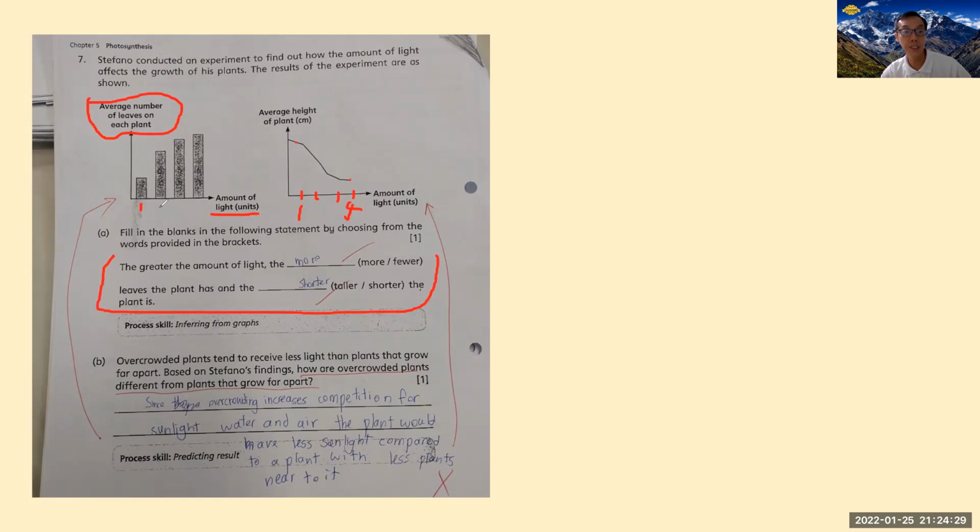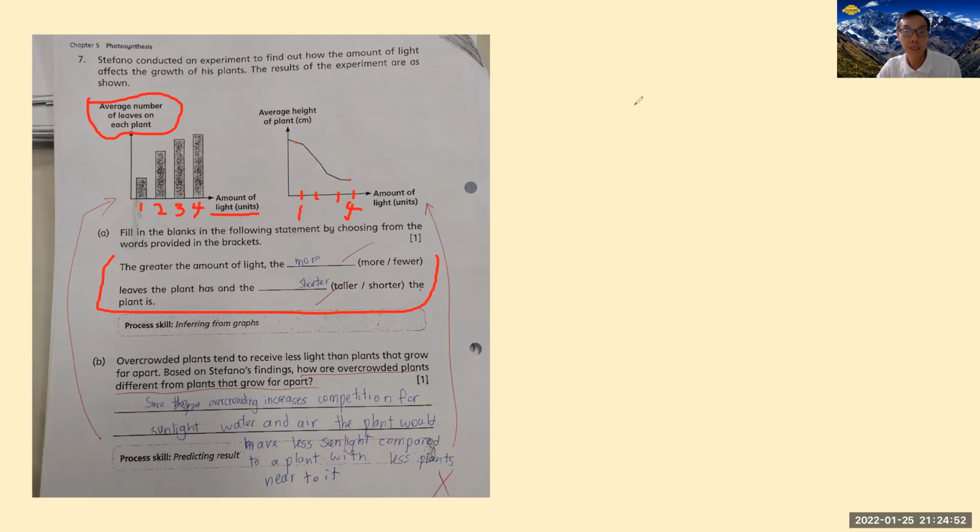They can also indicate 1, 2, 3, 4, just some generic numbers there. So the greater the amount of light, the more leaves the plant has, and the shorter. Why shorter? As I already told you, the average height decreases as light intensity increases.